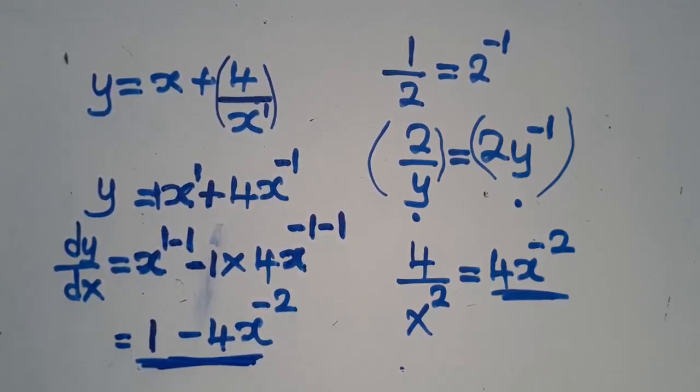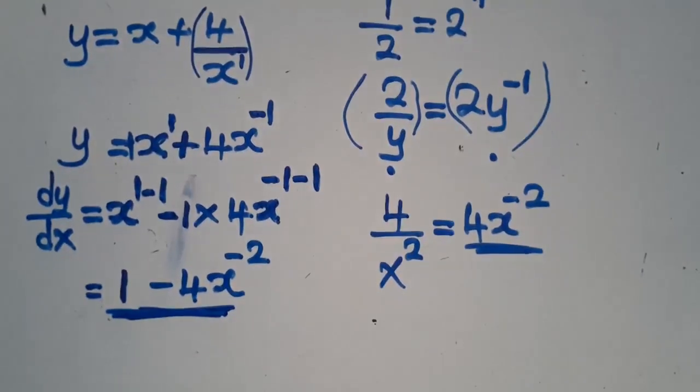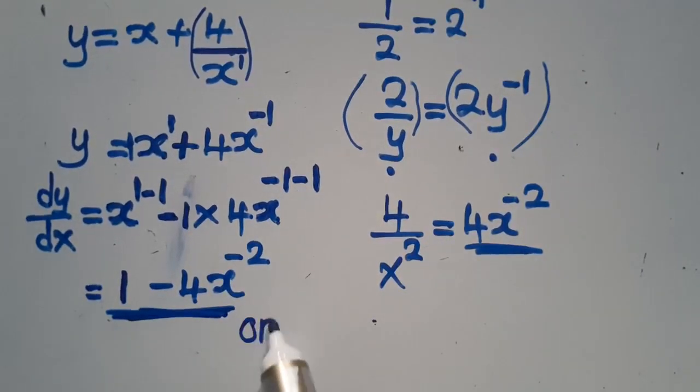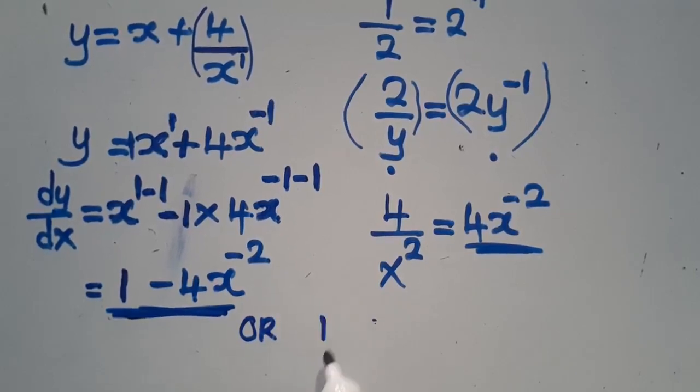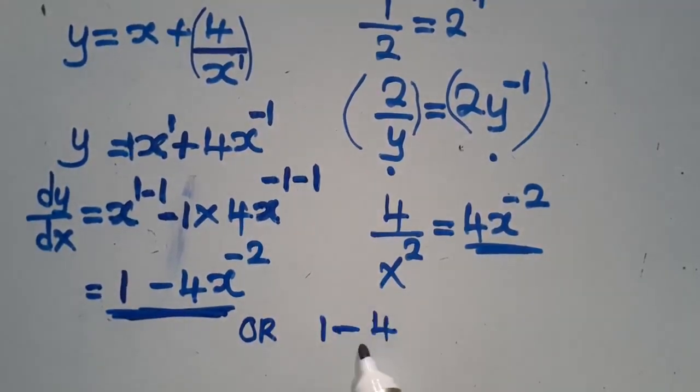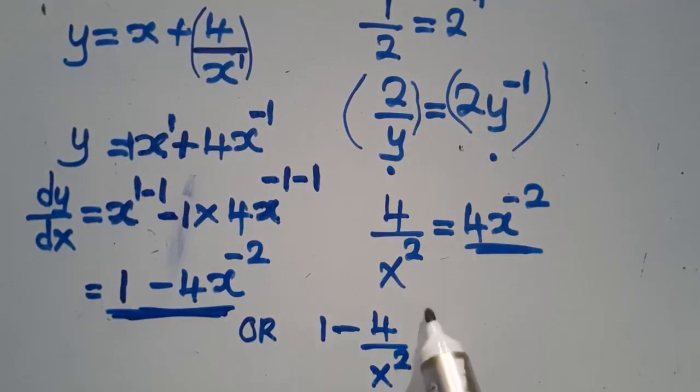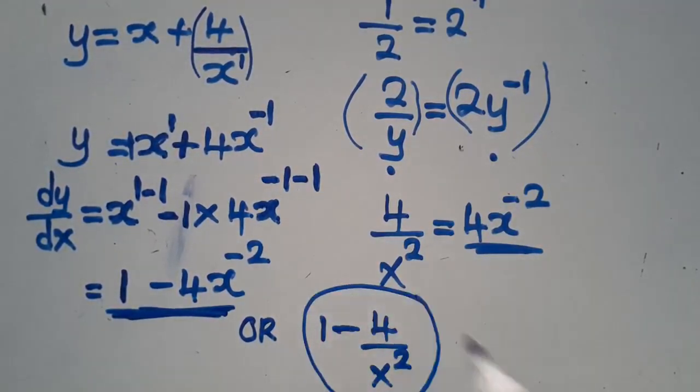You can end it just there. But if you want to change, you can change it to a positive index. So you say it's 1 minus 4 over x to the power 2. Now this one becomes your answer in its simplified version. You need to try by all means to leave your answer in this state.